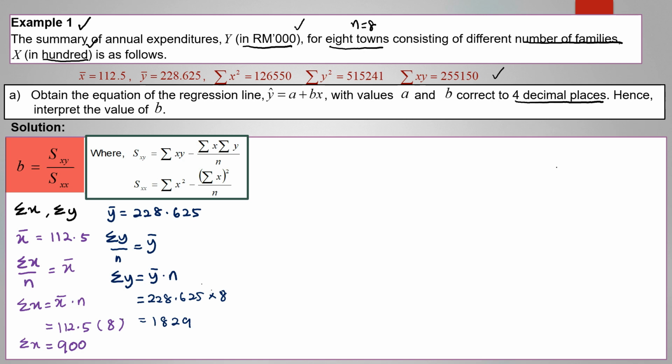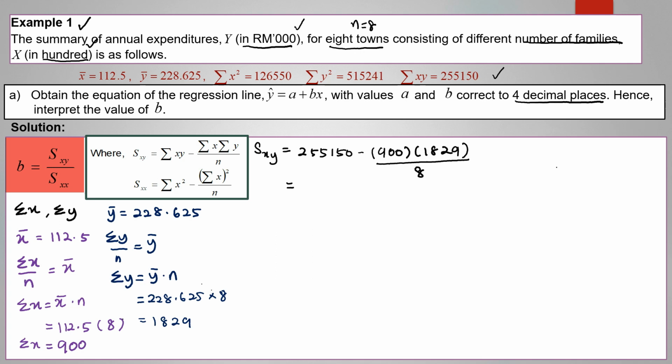Next, let's proceed to find the values of Sxy and Sxx. Sxy is equal to, let's put all the summations into the formula, 255,150 minus summation x times summation y, 900 times 1829, divided by 8.